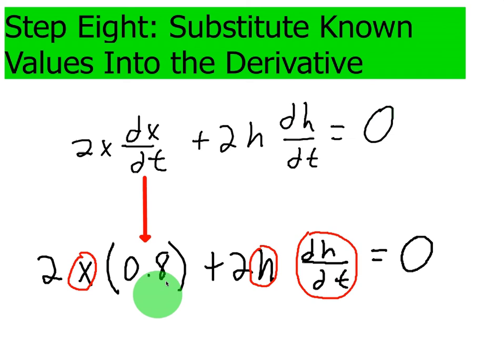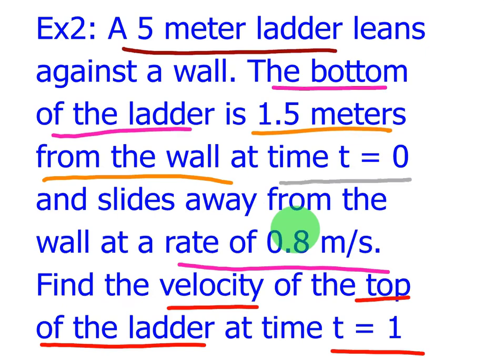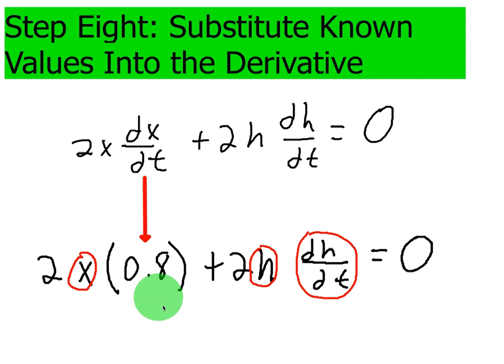It's moving away from the wall at a rate of 0.8 meters per second. Is there anything else we can plug in? Well, unfortunately, not right now. We don't really know how far away it is. x is the distance of the bottom of the ladder from the wall, and h represents how far up the top of the ladder is.